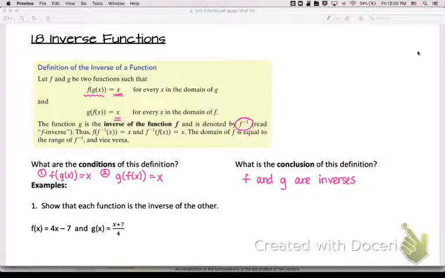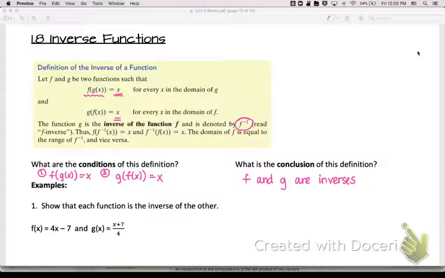There is no other way to prove that functions are inverses. Every year on the test, people do all kinds of crazy things. The only way to prove or to show or to verify that two functions are inverses is to use this formal definition and to use function composition.